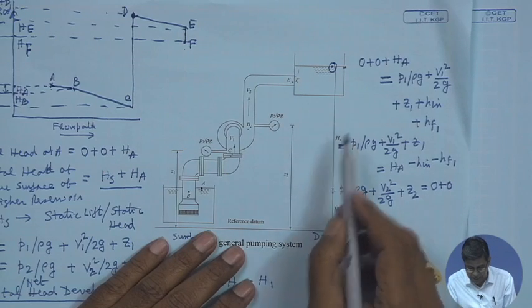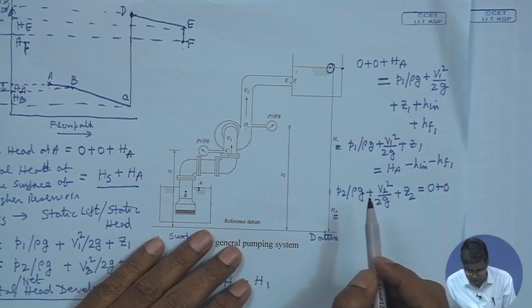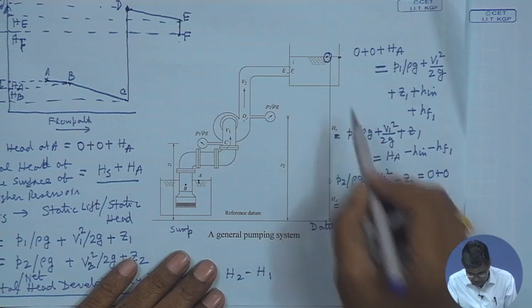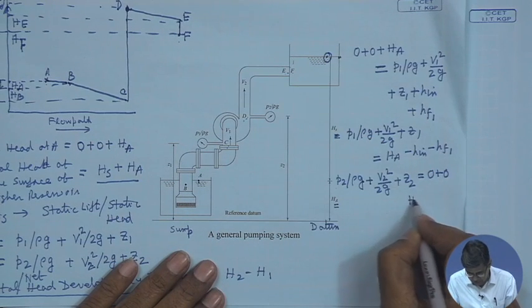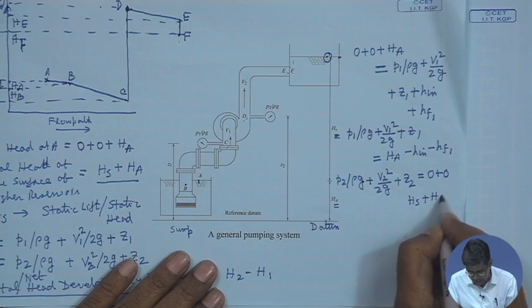So, therefore, it is Z2, and at the free surface it is Hs plus Ha, only elevation head.